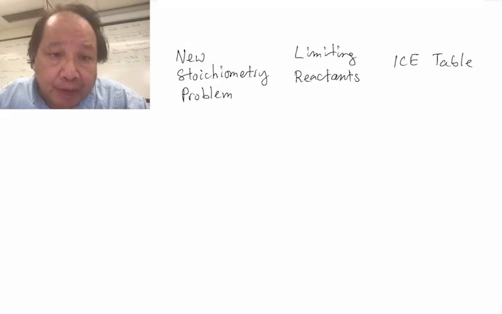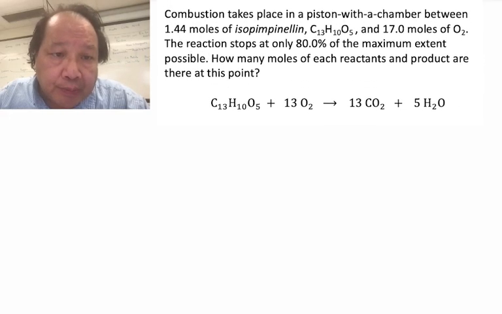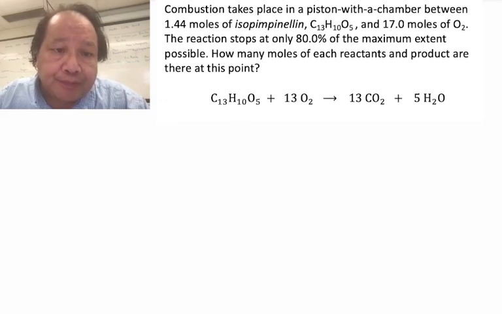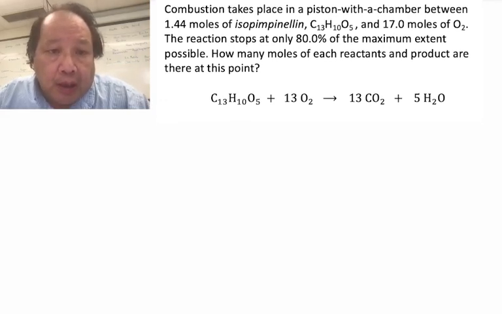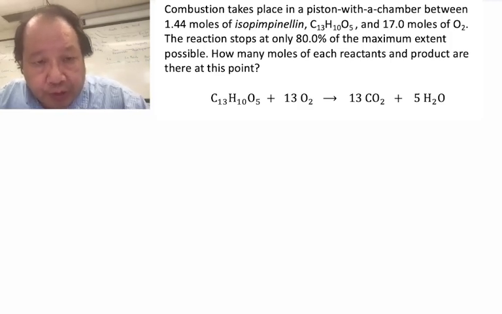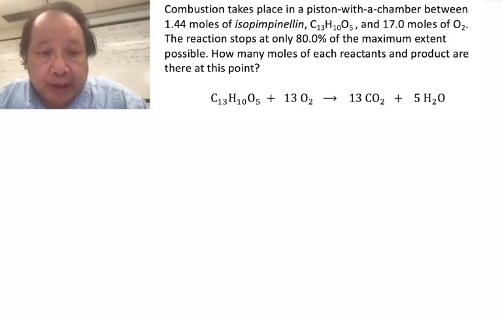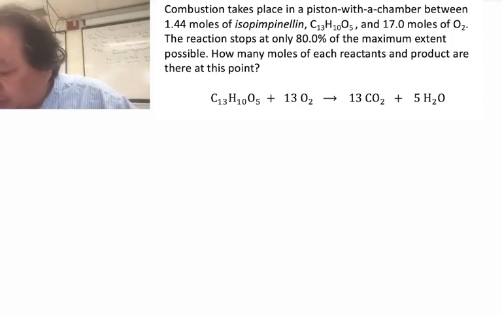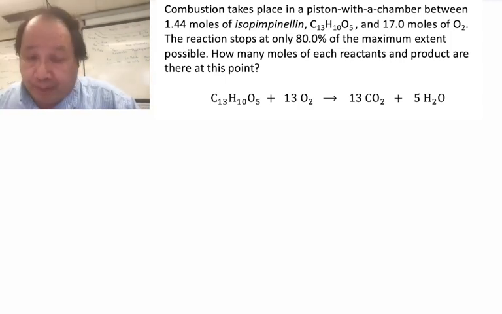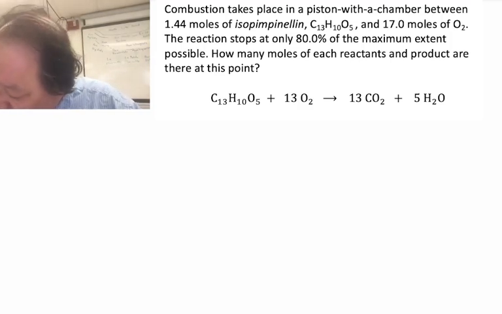An example of a limiting reactant problem is this one right here. It is a stoichiometry problem. It starts off like almost all stoichiometry problems with a balanced chemical reaction. And so we're going to start off by copying that balanced chemical reaction.